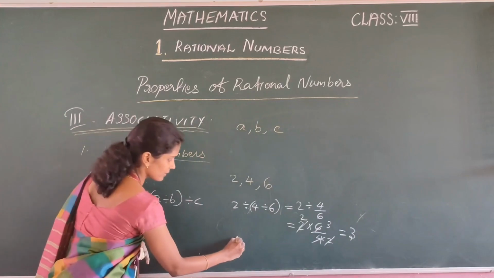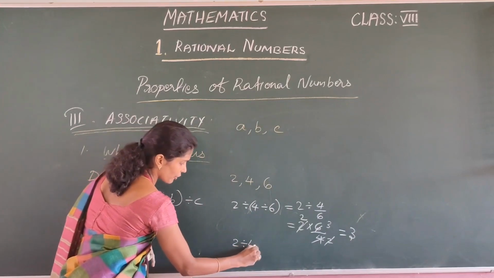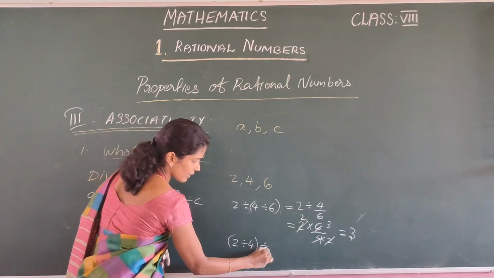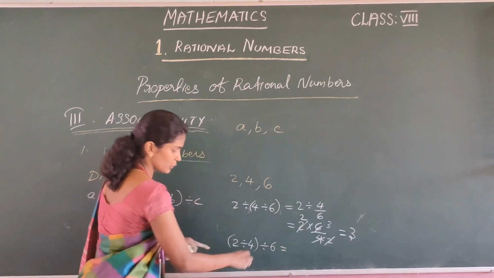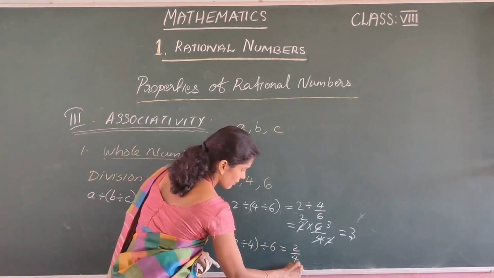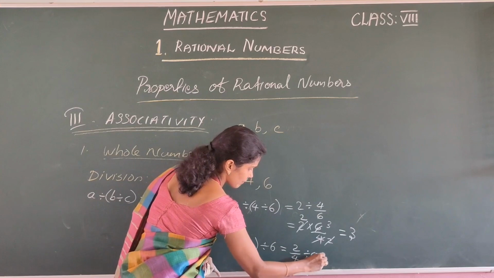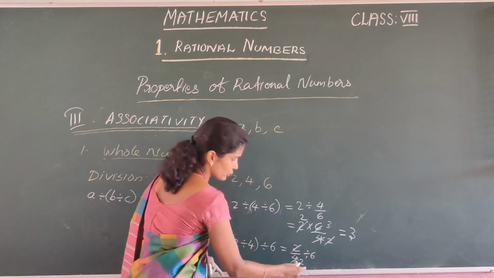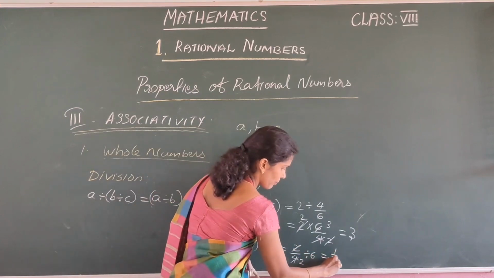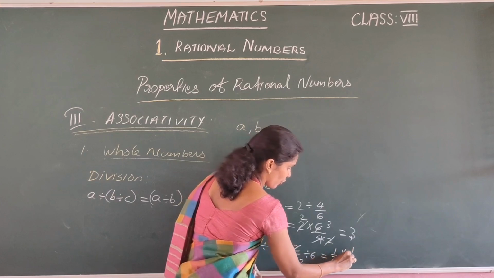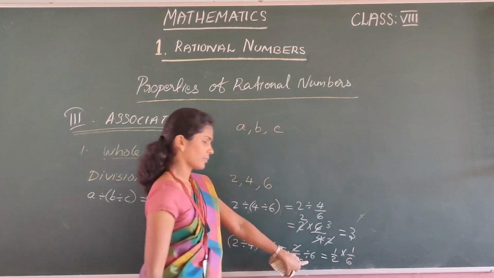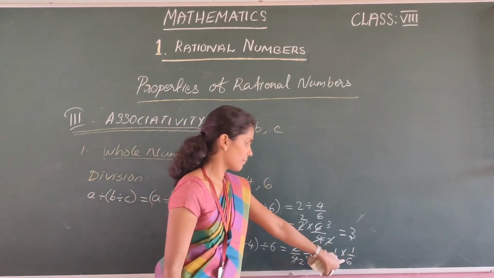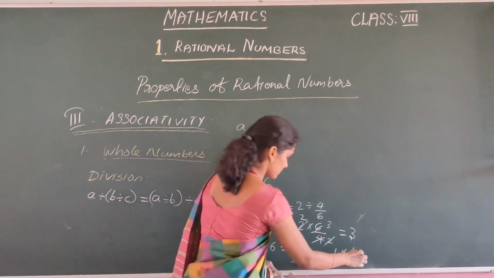Then change: 2 divided by 4 first, then divided by 6. That's equal to (2 by 4) divided by 6. This is 1 by 2, which is equal to 1 by 2 into 1 by 6. Divided by 6 means multiplication by 1 by 6.